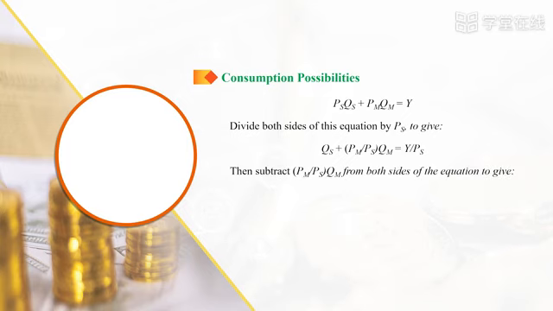Then subtract PM over PS times QM from both sides to give QS equals Y over PS minus PM over PS times QM. Let's have a look at what is special in this equation.